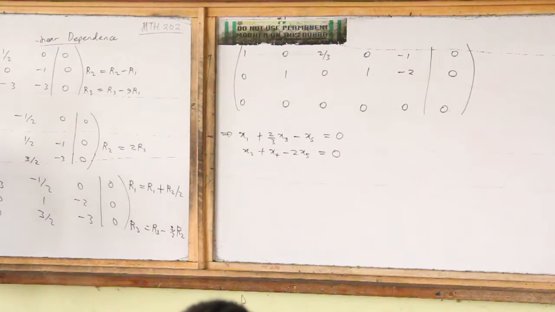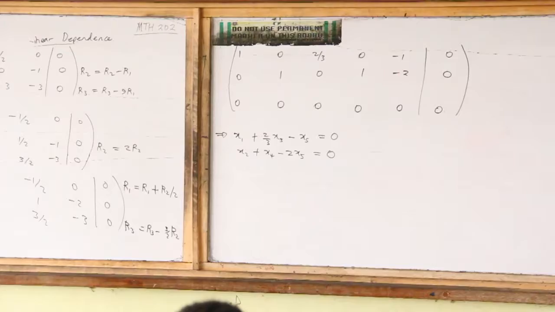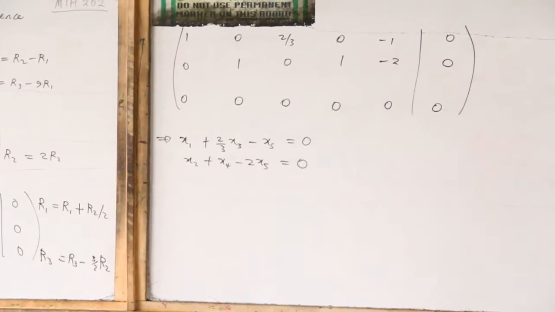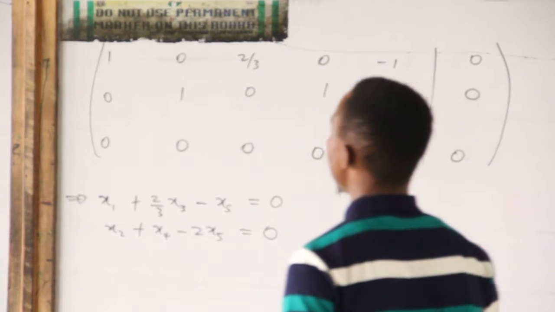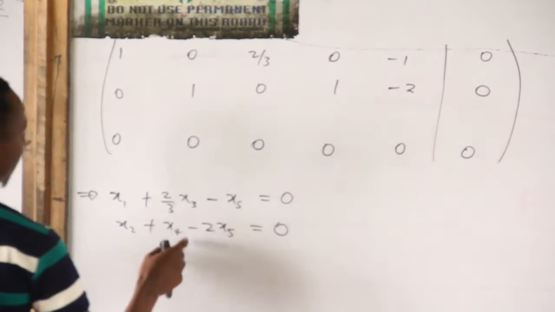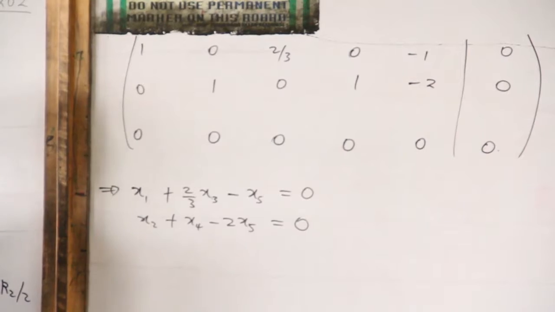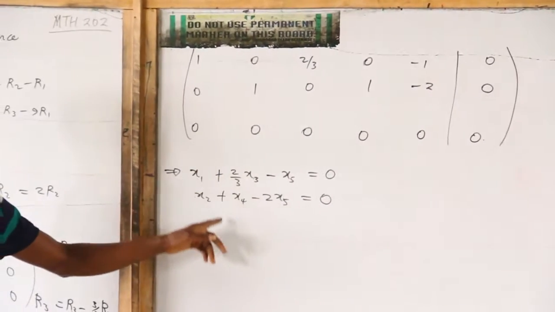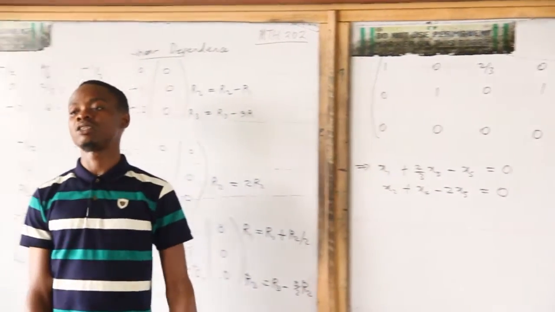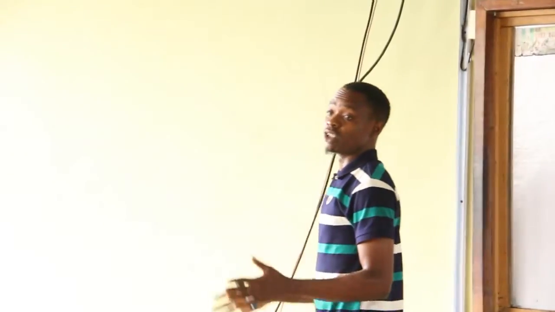Right, so how do we make use of this relationship to get what we need to get? Please pay attention. So we're going to set up parameters here. Listen very well: you can see you have x1, x2, x3, x4, x5 here. You have only 2 equations.